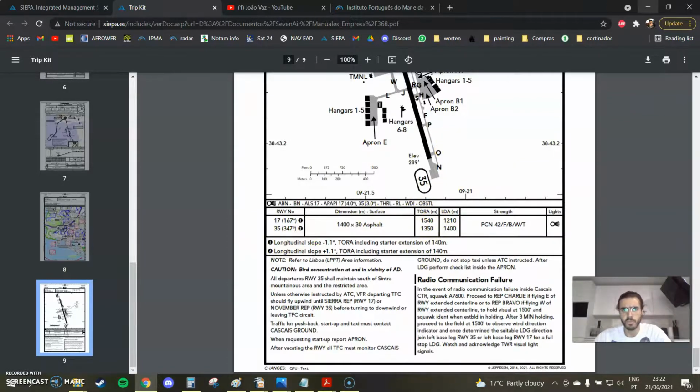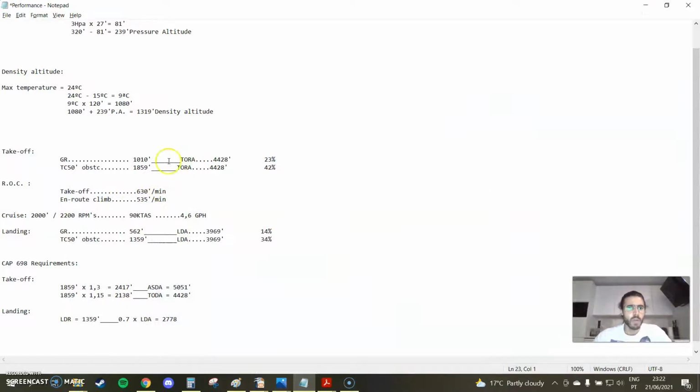I passed it to feet. All right. And now we know that we need to take off and clear a 50 feet obstacle, 1859 feet, and I have available 4428 feet. So I'm going to need approximately 42% of the runway, not the takeoff distance available, because we still have a stopway and a clearway, but I'll just need 42% of the runway to reach 50 feet in my takeoff. Okay, this is very important.